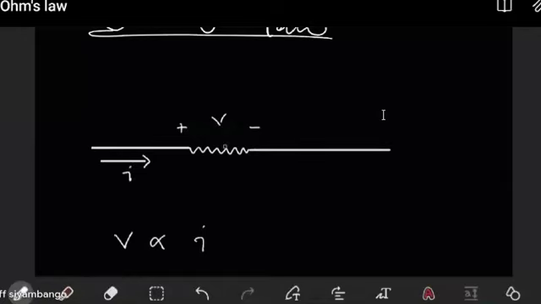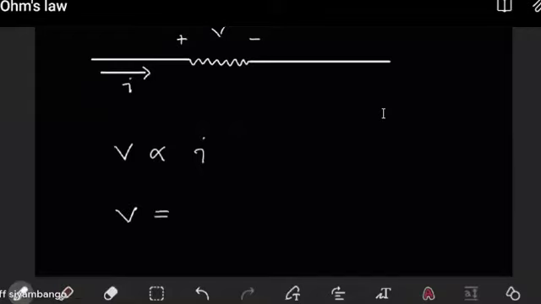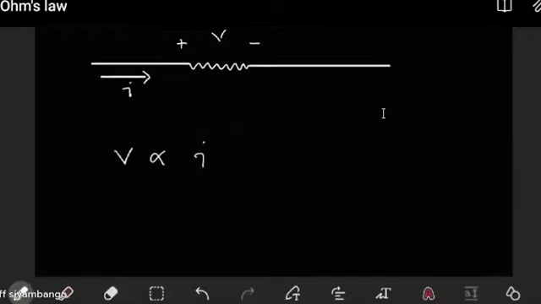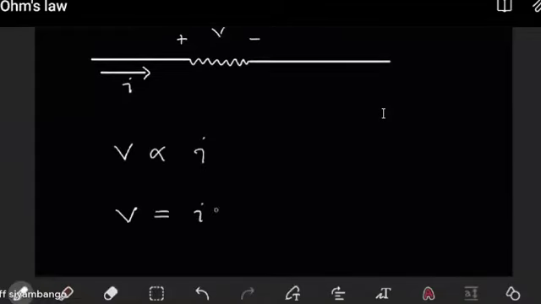And when the proportionality changes to an equal sign, what happens? We introduce a constant. And in this case, the constant will be the resistance of that particular resistor. So this becomes I multiplying the resistance. So this becomes the formula that arises from Ohm's law.